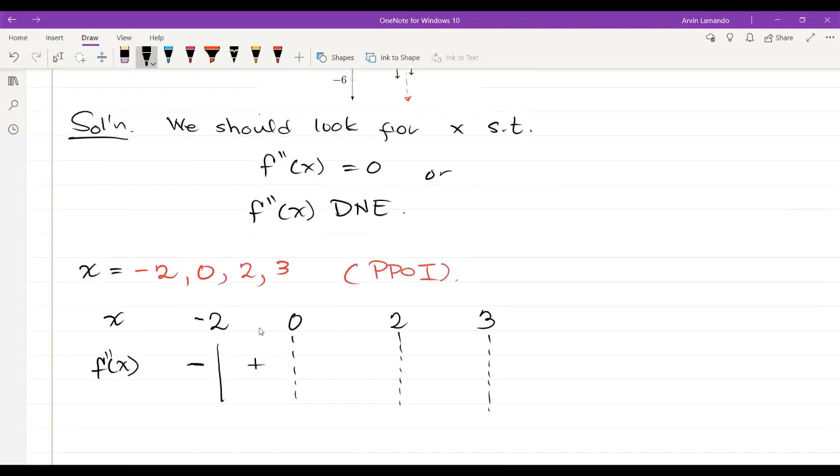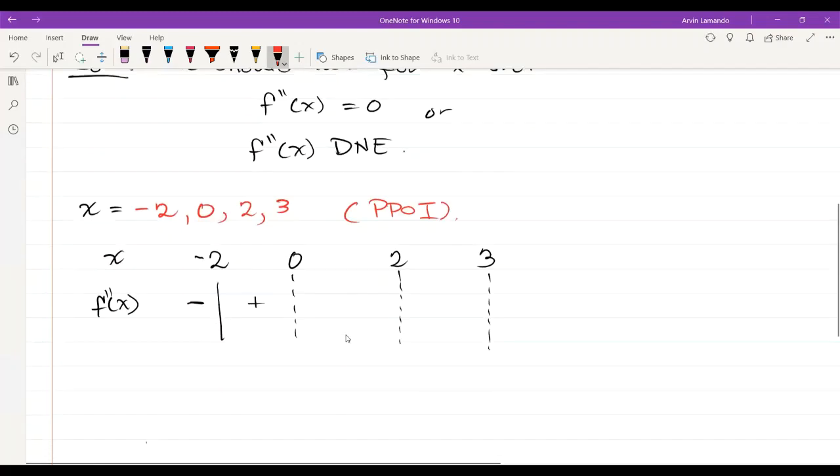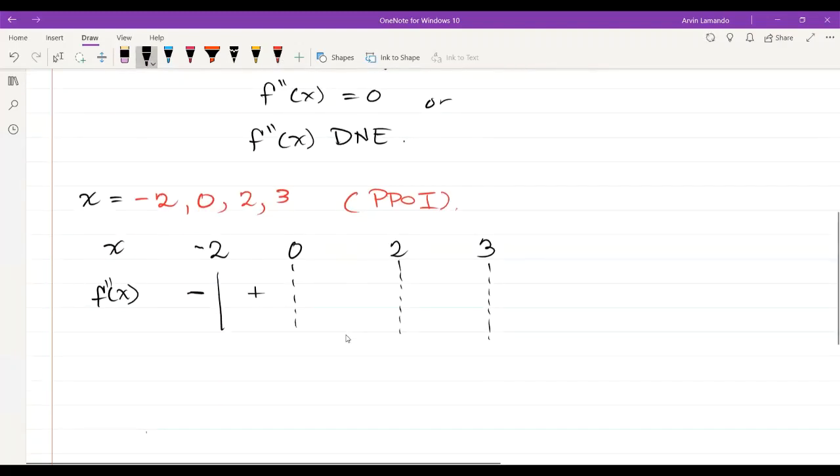When x is greater than 0 but less than 2, the slopes of the tangent lines are negative, and so f double prime of x is negative in this interval.